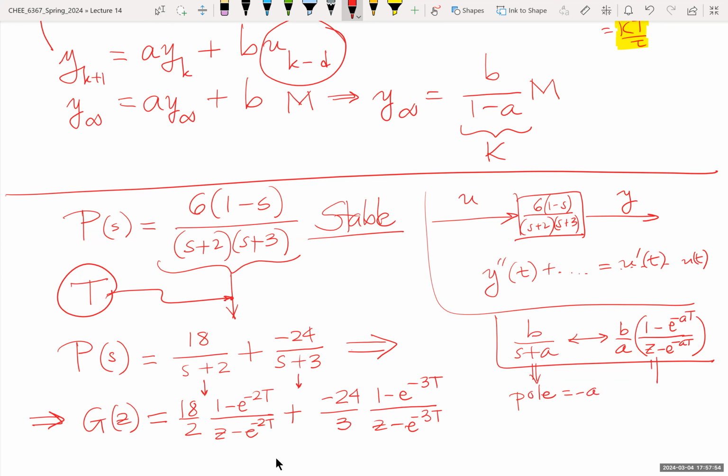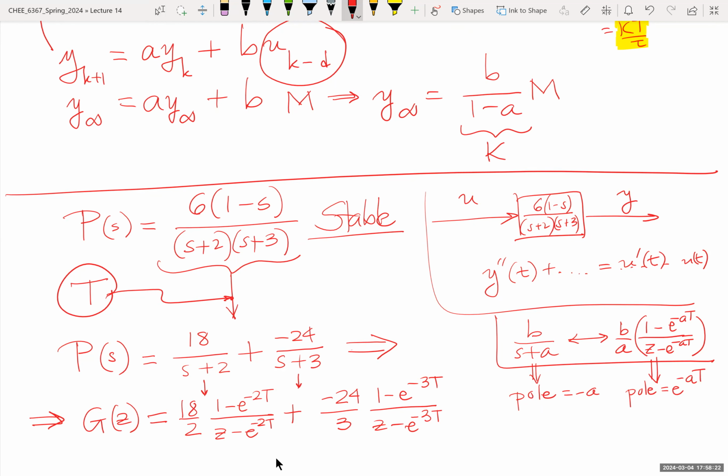The pole of this is what in discrete time in the Z domain? It's the value of Z that makes the denominator 0, right? What value of Z makes the denominator 0? Yeah, it's trivial, right? It's e to the minus AT.